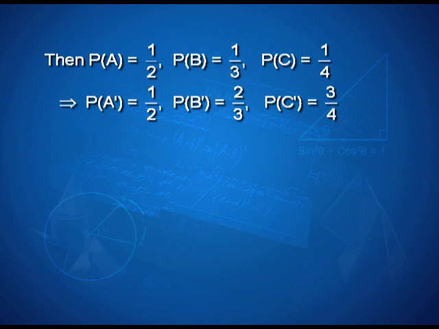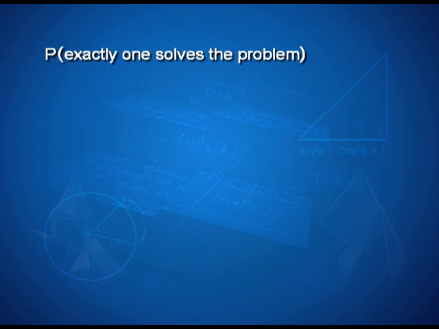Now, we want to find the probability that exactly one of them solves the problem. When you say one of them solves the problem, it means that if A does, then B and C do not solve the problem, and therefore, we have the situation described as probability of exactly one solves the problem to be same as probability of A, B not, C not, or A does not, B does and C does not, or A does not, B does not solve, but C does, all three mutually exclusive.